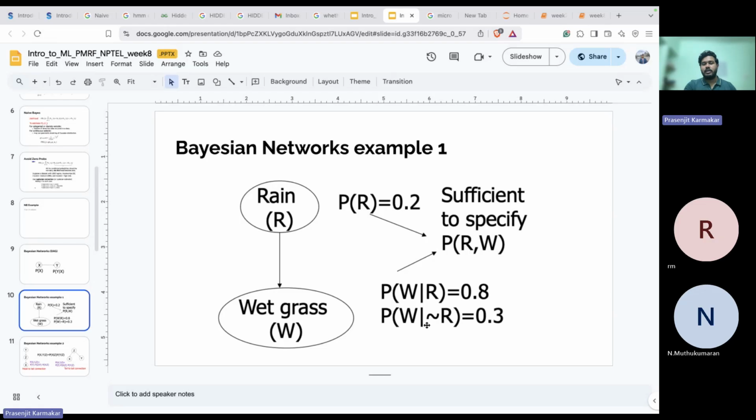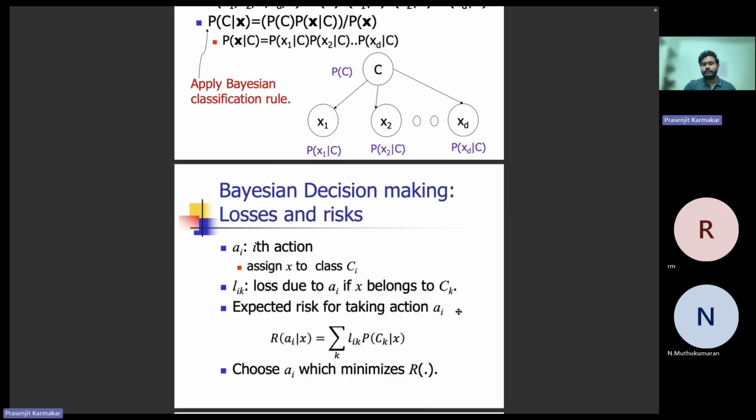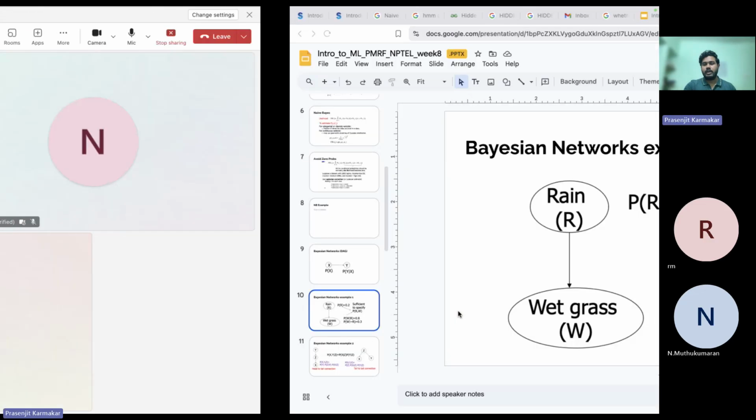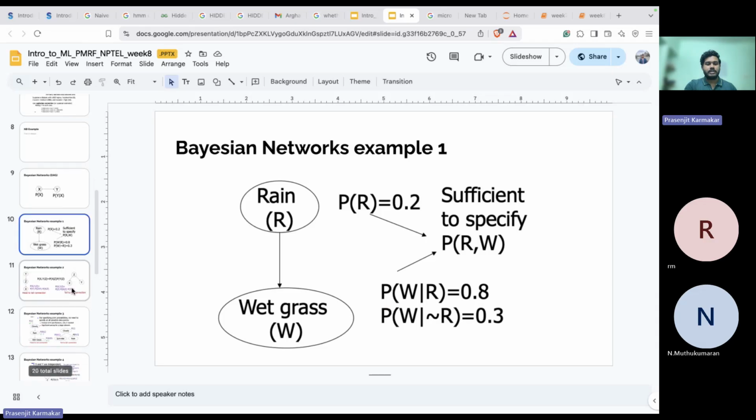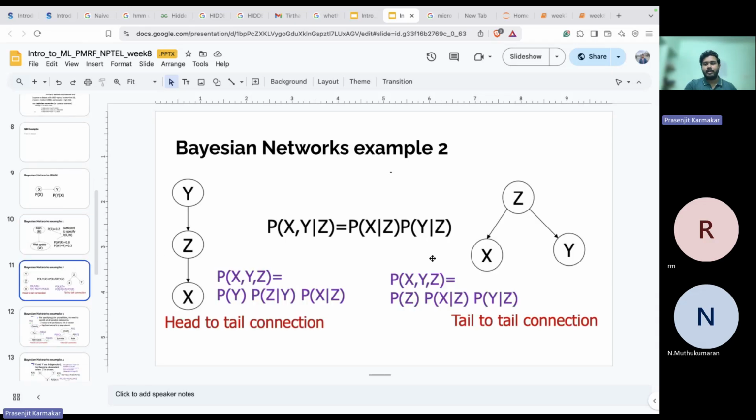If I can compute these probabilities from my data set, I can represent the probability of rain as well as wet grass together. We'll see how we can represent them.